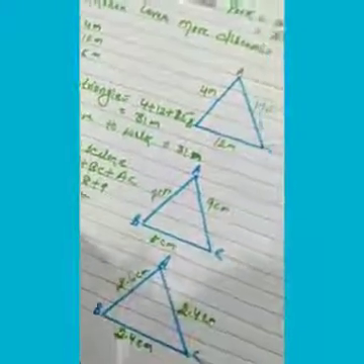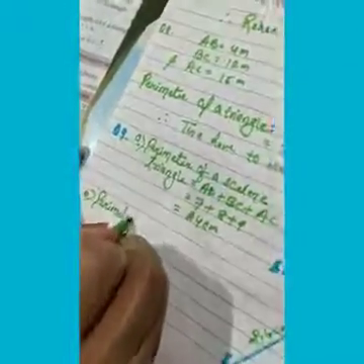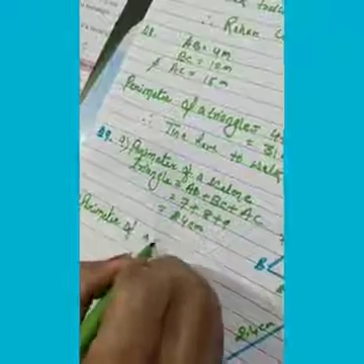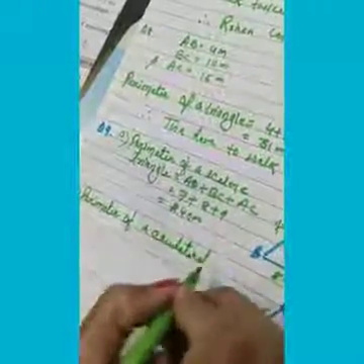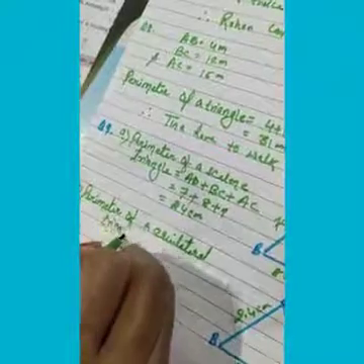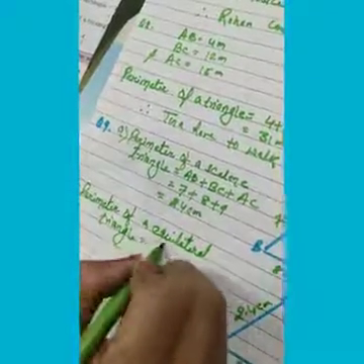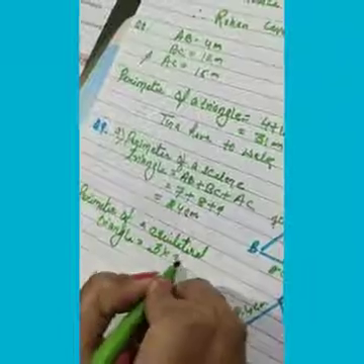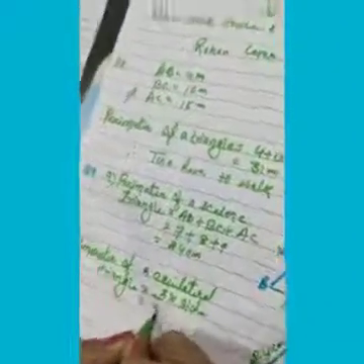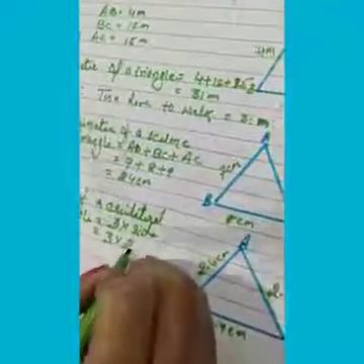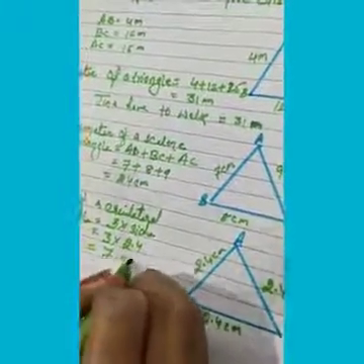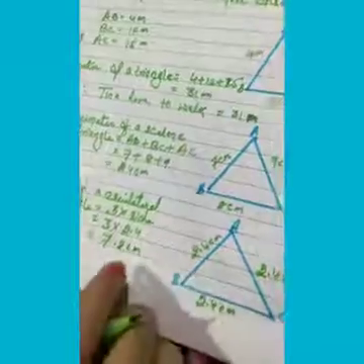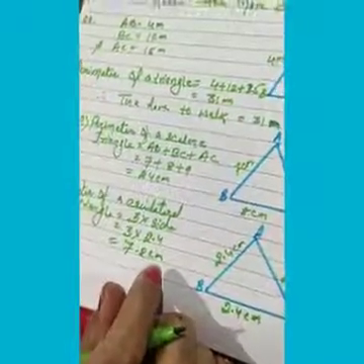You have to find here perimeter of an equilateral triangle equal to 3 into side. Okay, 3, what side is given? 2.4. 3 multiply with 2.4, total will be 7.2 centimeter. Understood?